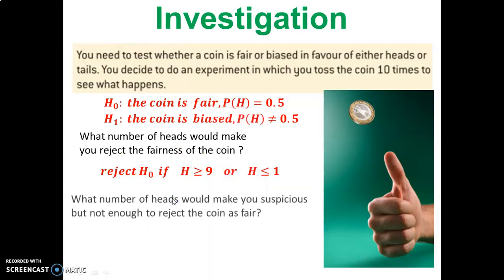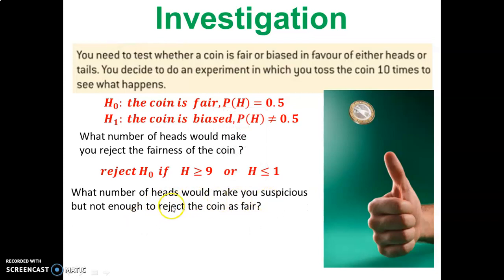Now, moving on. So what number of heads would make you suspicious, but not enough to reject the coin as fair? So we said we would say the coin is unfair if this happened. But what about that line we're going to draw, where we're suspicious, but we'll still say it's fair? Well, if we said we're going to reject it when we get 9 or 10, then how about saying we will accept that it is a fair coin if h equals 2 or h equals 8, right?